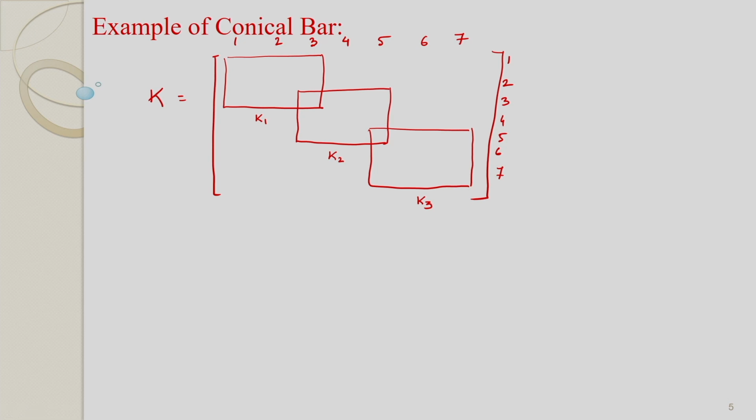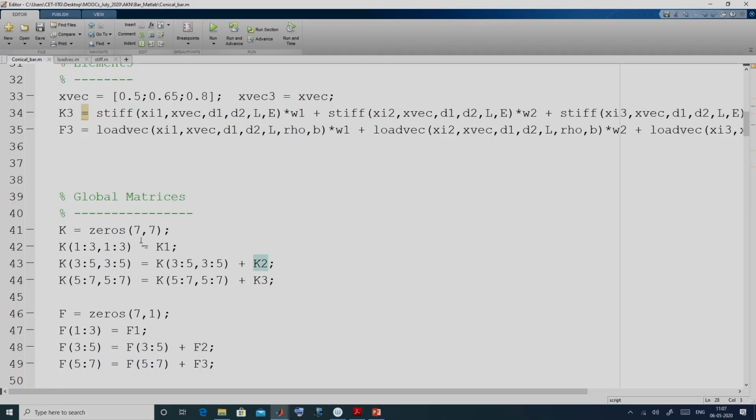Now, let us see in MATLAB, if you see the program, first we assign a 0 matrix to K 7 comma 7, then K1 is placed in the location 1 to 3, 1 to 3, first 3 rows and 3 columns.